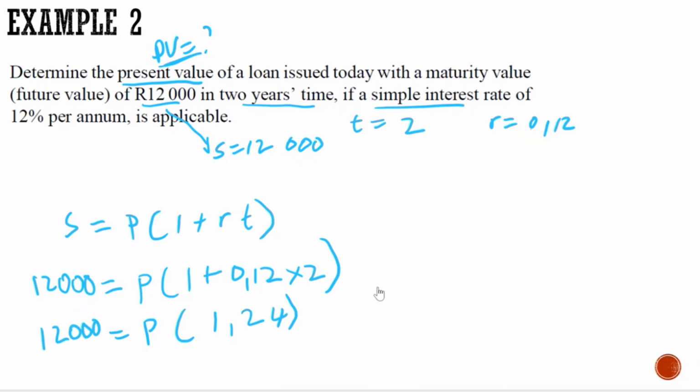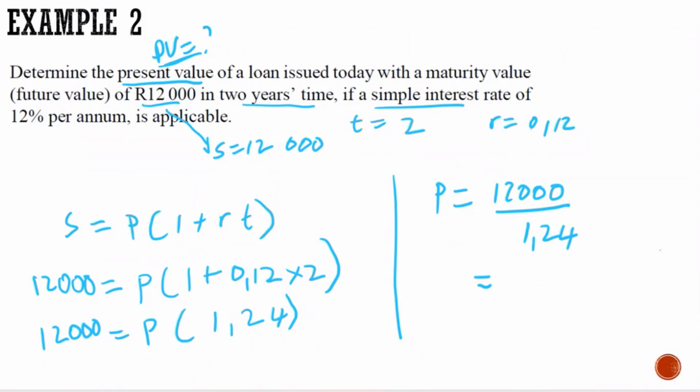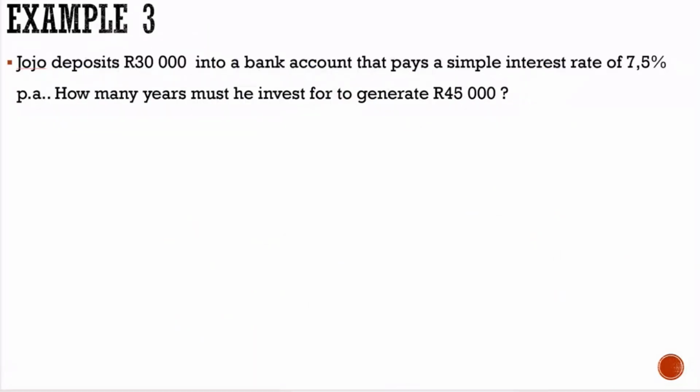So you make P the subject of the formula. So your P is going to be equal to 12,000 divided by 1,24. So your present value is going to be equal to 9,677 rands 0,62. That's one example.